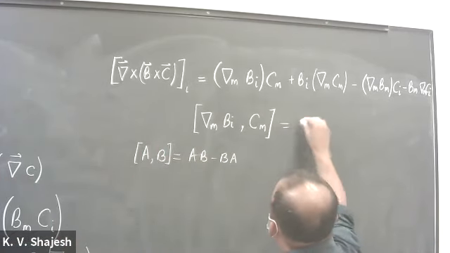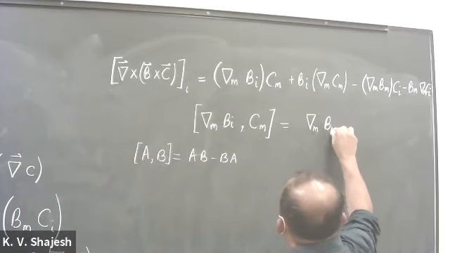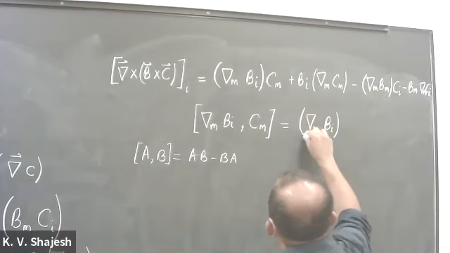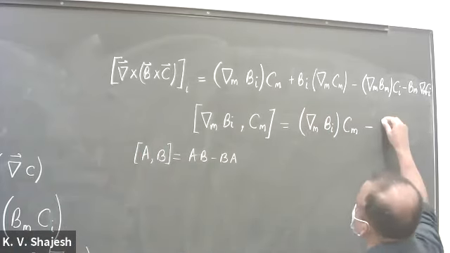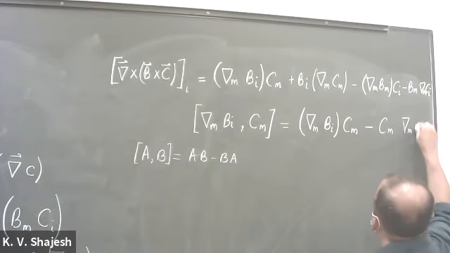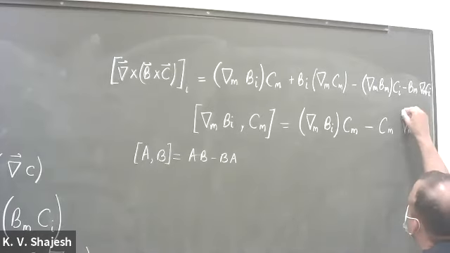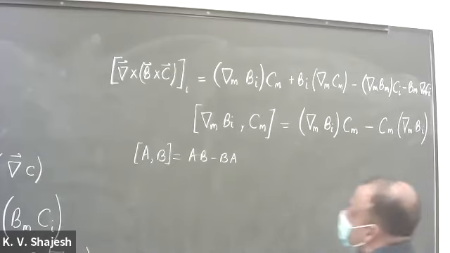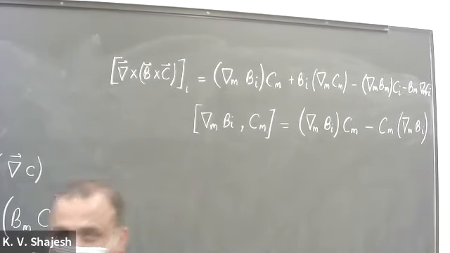So this is equal to delta M bI times Cm minus Cm times delta M bI. That's just definition. But in quantum mechanics, often you give relations to this.